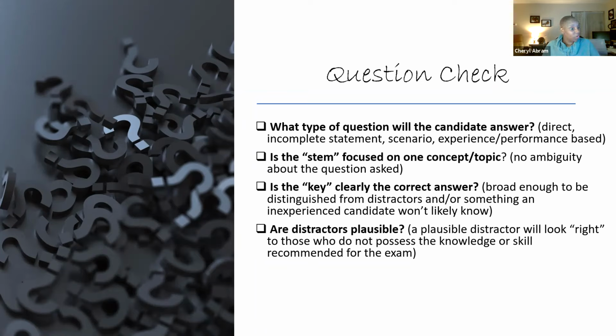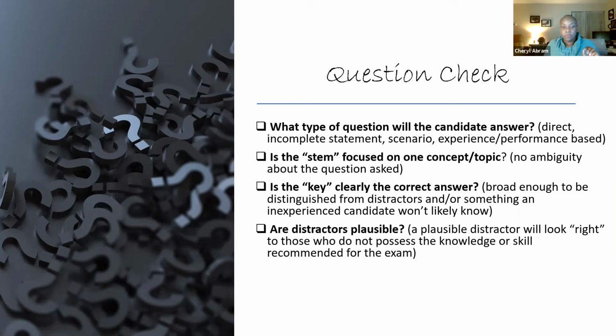If I have no idea what a port is at all, these distractors will look and sound right to me, and I'm going to choose them. And I'm going to keep choosing like that, and then I'm going to fail the exam, right? Because that's evidence that I don't have the correct knowledge or skill as far as the exam writers are concerned.